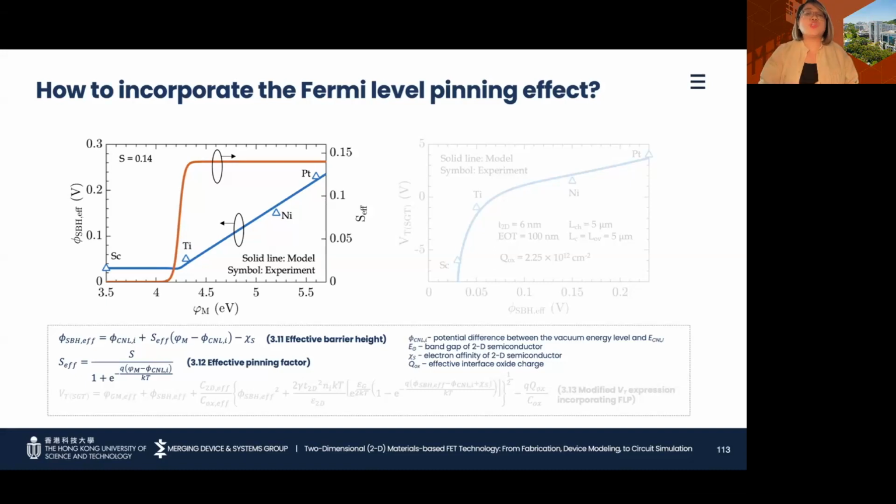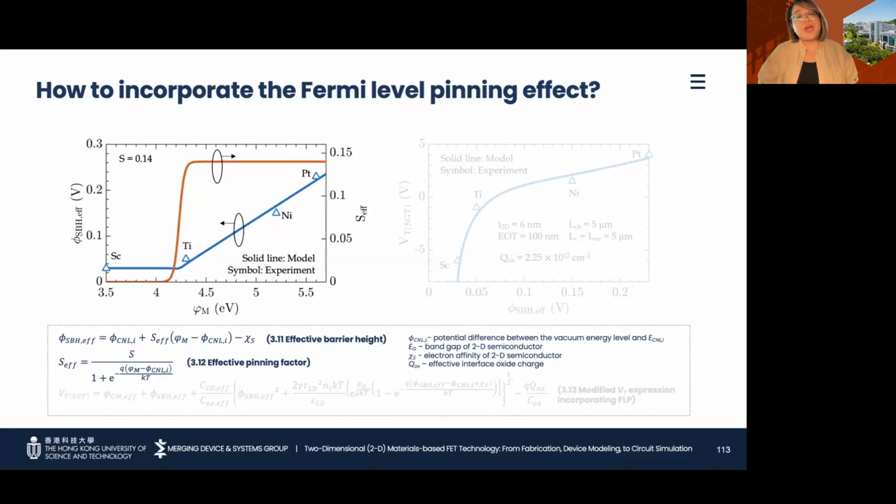This proportionality constant is what we call the pinning factor, and it is represented here as S. This pinning factor is 0 when the barrier height is completely independent of the metal work function. For MoS2, the typical pinning factor observed is around 0.1.